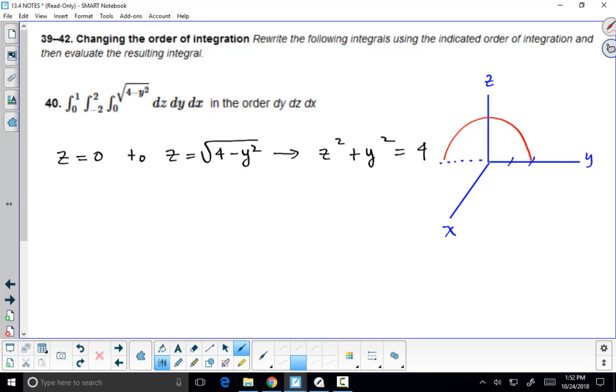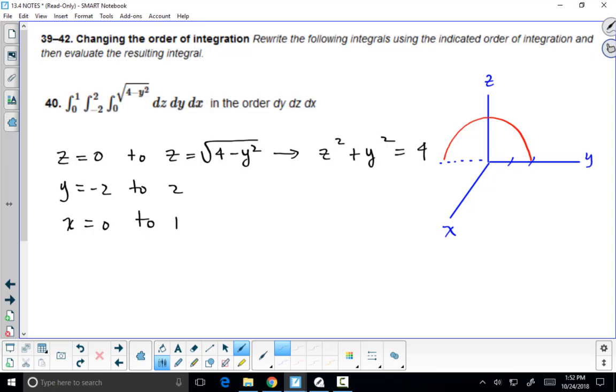Okay, so now let's take a look at the other coordinates and see if we can figure out what's going on next. So y equals -2 to 2, and x equals 0 to 1. Y being -2 to 2 means we are in fact using the entire semicircle. If this just went y equals 0 to 2, then we'd only be dealing with this quarter circle.